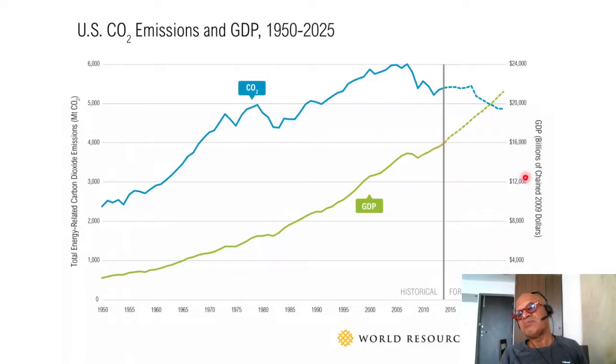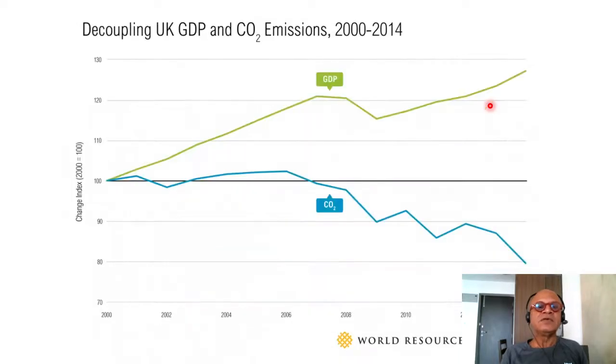Here GDP in billions of chained 2009 dollars, so the dollar is pegged to 2009, and then CO2 intensity of the GDP was forecasted to go down, and it's expected to cross and become negative per GDP somewhere in 2023 or 2024 or so.